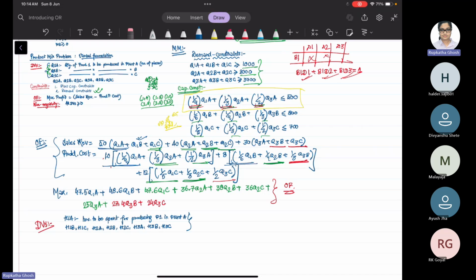Ayush, can you try? Will it be 4H1A? Why 4H1A? Your H1A is already the hours. I'm asking you to formulate the capacity constraint.